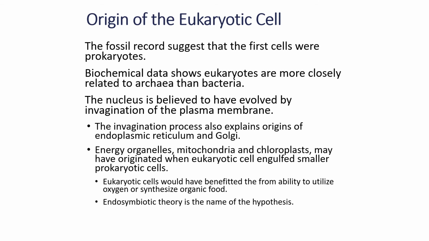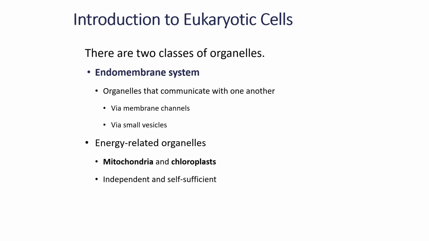When we look at those structures, the nucleus, the ER, and the Golgi, we can see that they're all connected. We can break up the organelles a little bit into the endomembrane system, and those are the organelles I was talking about. The nucleus, the endoplasmic reticulum, and the Golgi are all part of the endomembrane system.